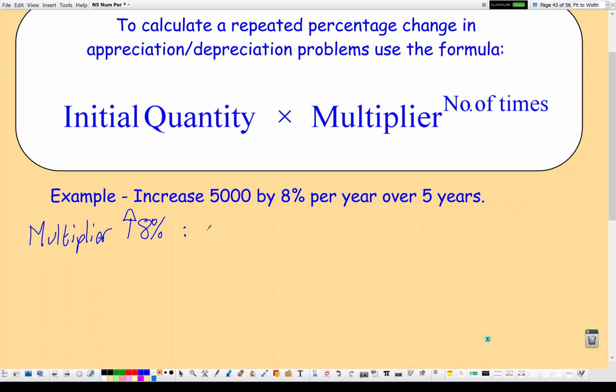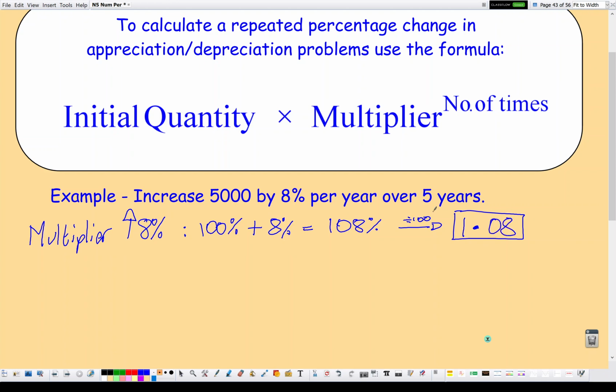If you remember, we start with 100%, we add on 8%, and that gives me 108%. Now what is that as a decimal? I just divide that by 100. That gets me to my multiplier, which I like to put in a box to make clear that's what I'm going to use. So 108 divided by 100 is just 1.08.